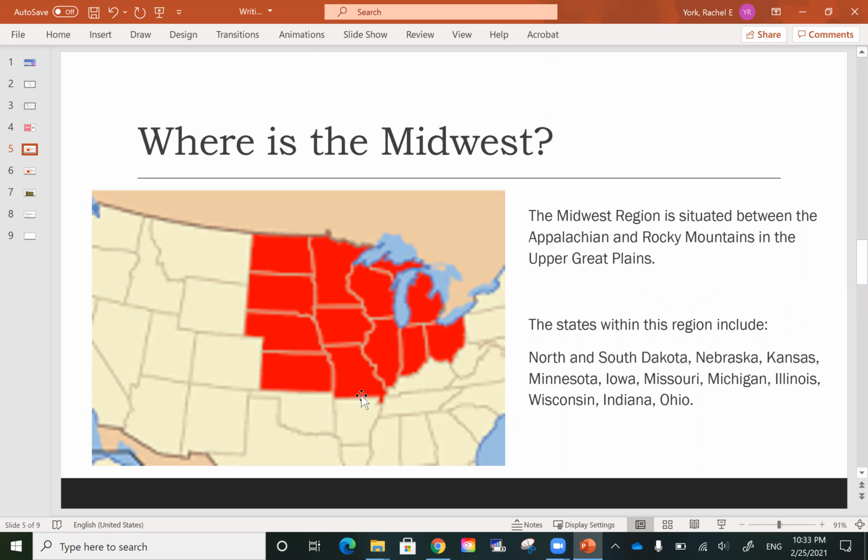And if you remember your history of the Civil War, it's above the Mason-Dixon line right here, upper Great Plains. The states that are included are North and South Dakota, Nebraska, Kansas, Minnesota, Iowa, Missouri, Michigan, Illinois, Wisconsin, Indiana, and Ohio. Those are all of the states that make up what is known as the United States Midwest.